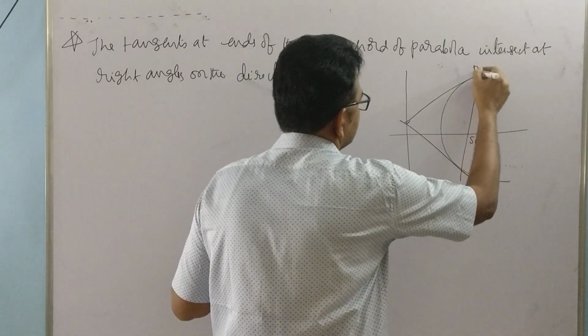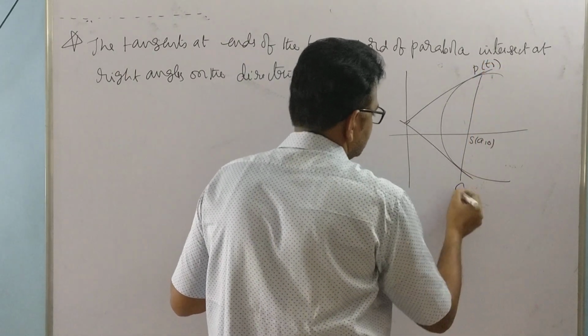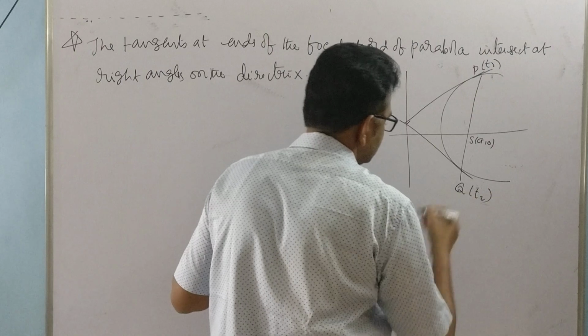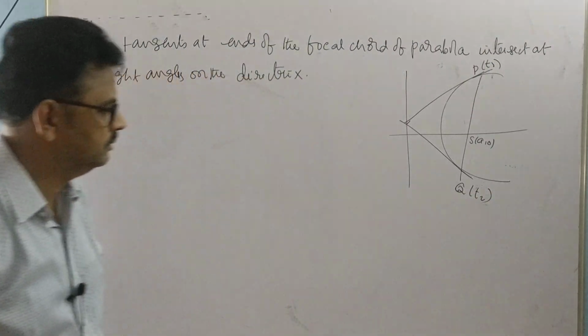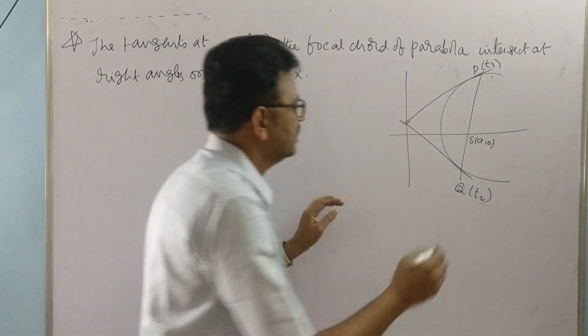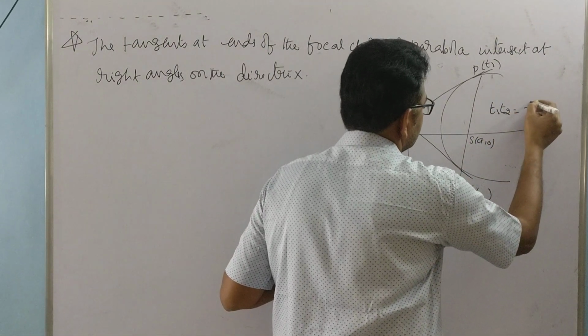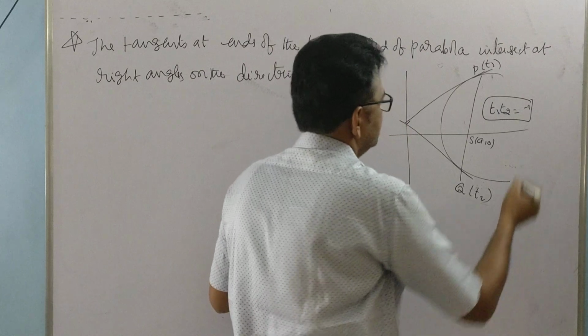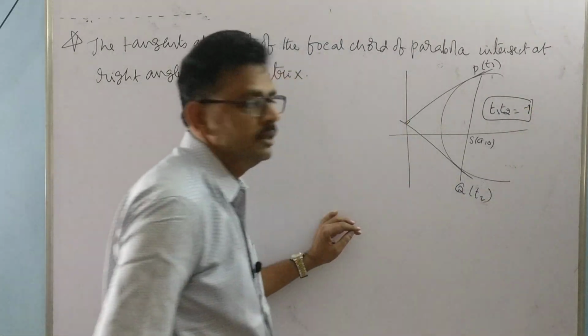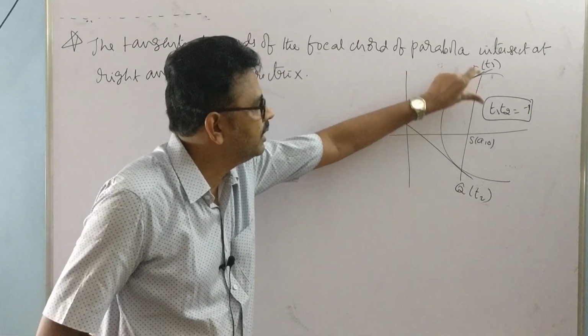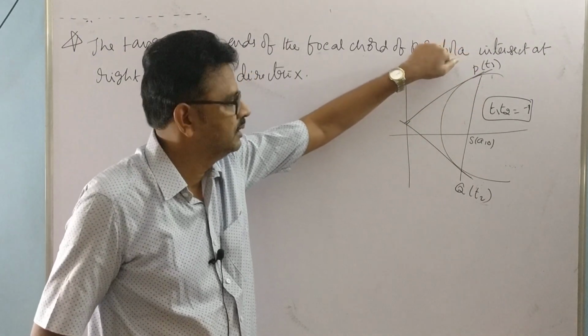The point is P, t1. This is Q, t2. Now the chord is a focal chord, so t1 t2 is equal to minus 1. So these concepts are all linked topics.